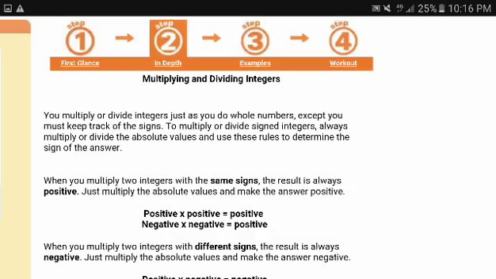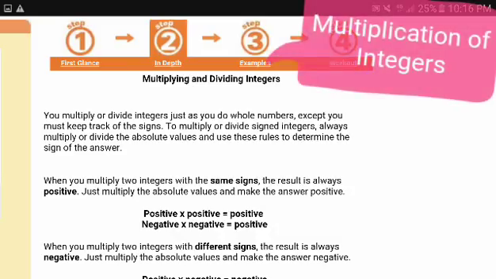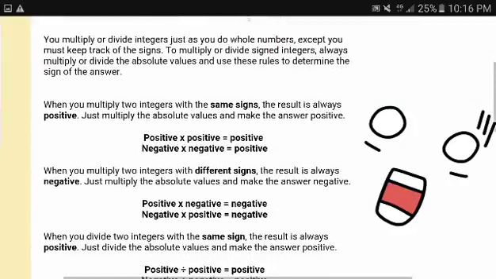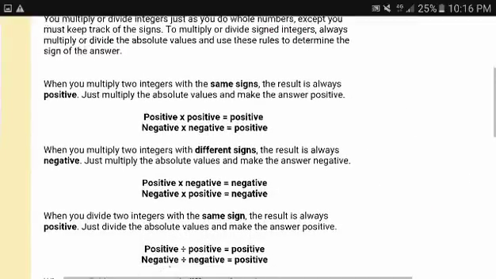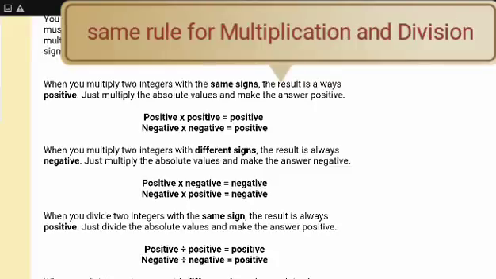Before we proceed, let's review first multiplication of integers. I-ignore muna natin yung division kasi multiplication naman yung mga given natin. So focus muna tayo sa multiplication. Although pareho lang yung division dyan.